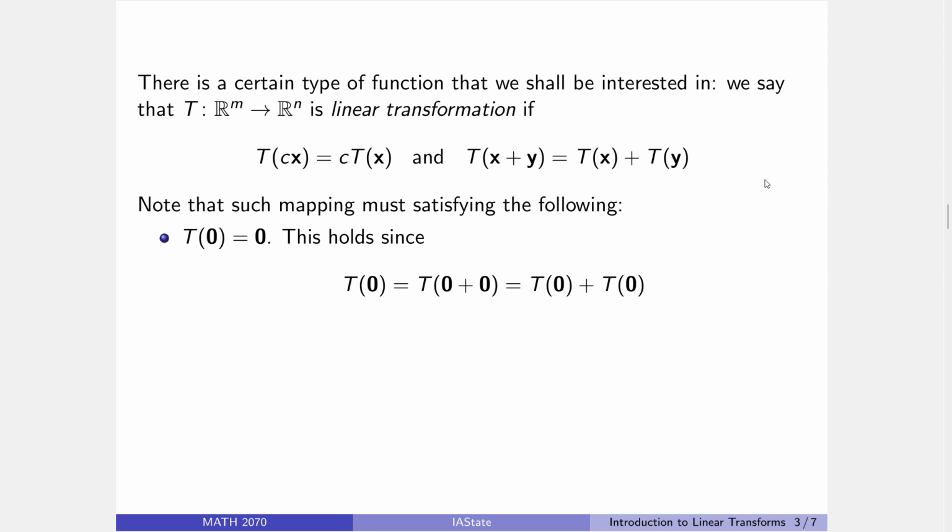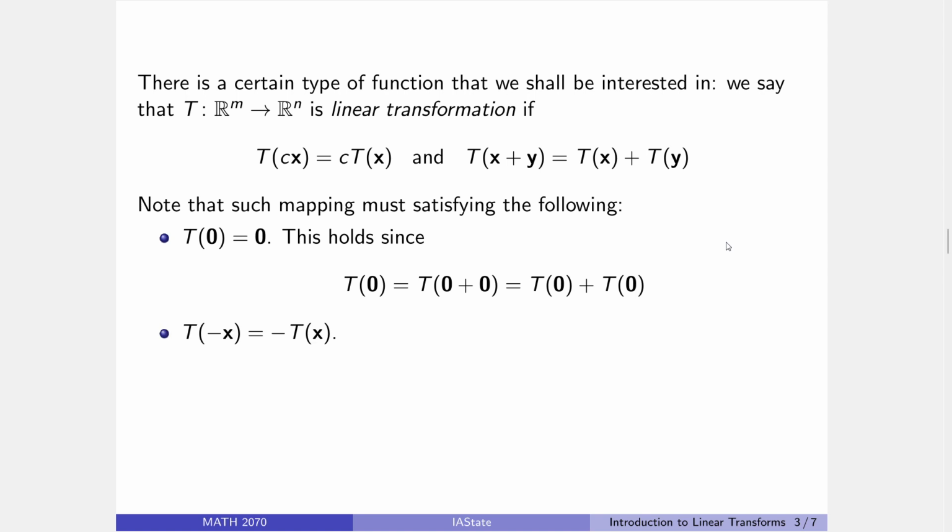This is easy to see from either of the hypotheses here, but I think it's easiest from the additive one, because T of 0 is T of 0 plus 0. 0 plus itself, as we noted, doesn't do anything. And my mapping respects addition, so it pulls apart, and thus I'm allowed to cancel and get T of 0 as 0. You can also use the scaling where you just scale 0 by 0 and then pull 0 out.